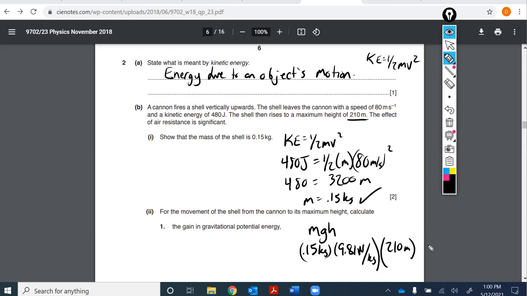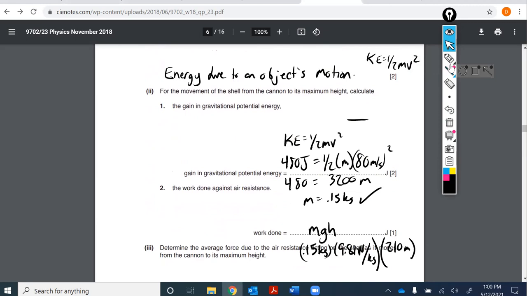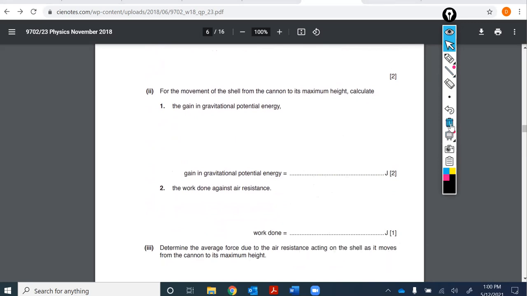So 0.15 times 9.81 times 210 equals 309.